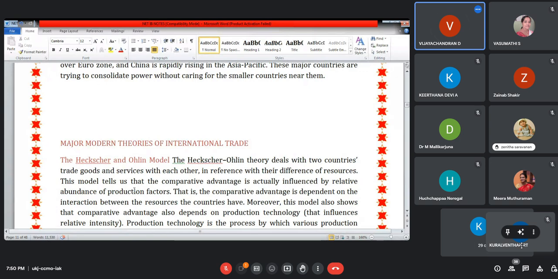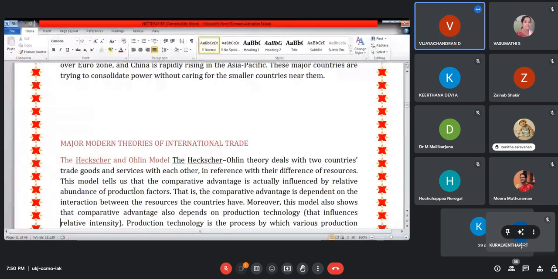Okay. So what is the first one? Heckscher-Ohlin model. I will say the keyword. Don't get confused with the different models, different theories in international trade. I will say the keyword.